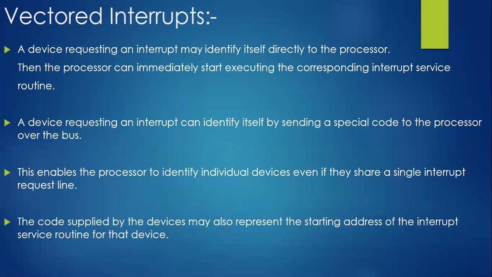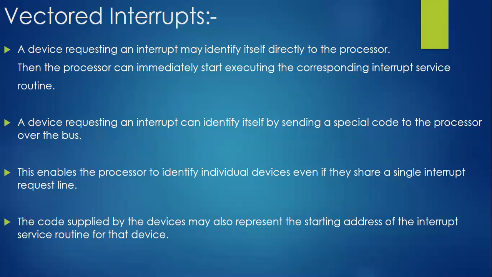A device requesting an interrupt can identify itself by sending a special code to the processor over the bus. So using the same interrupt request line, along with raising the interrupt signal, the hardware signal, we need to add a small code inside which we will have the identity of that particular source device, remember.